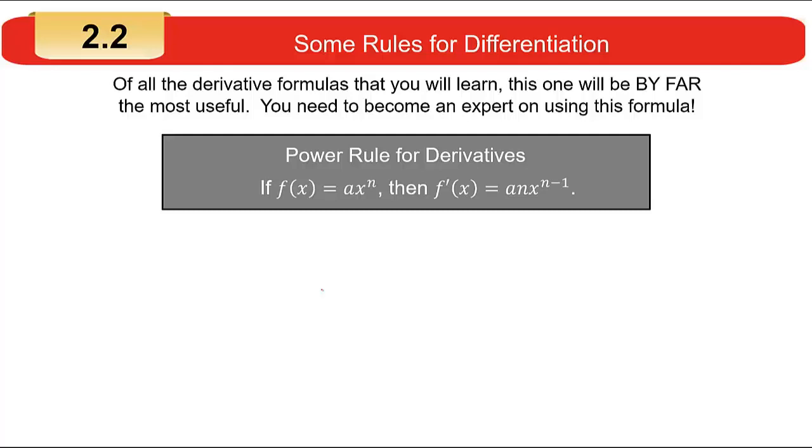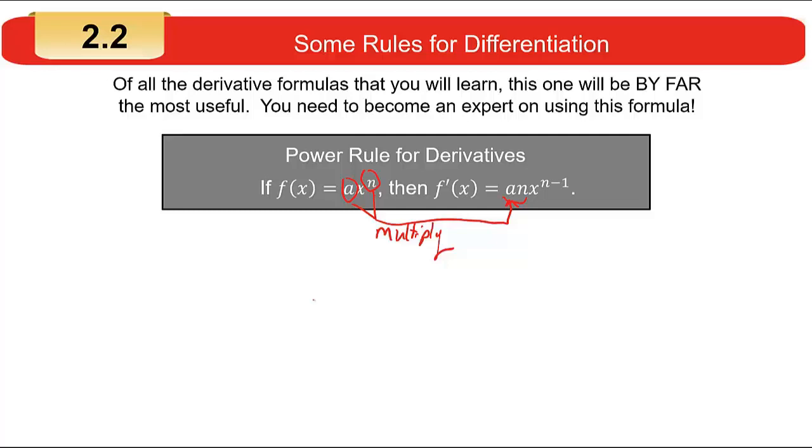Now this is very simple, but you need to make sure you understand what it's saying. It says if you start off with a function of the form ax to the n, to get the derivative, you don't have to use that formula. All you have to do is take the coefficient a and the exponent n and multiply them together. That becomes the new coefficient, the coefficient of the derivative. And then you have to go into the x to the power and drop it down by 1.